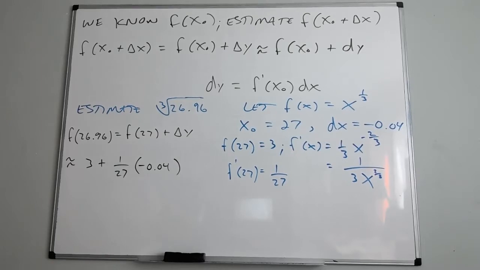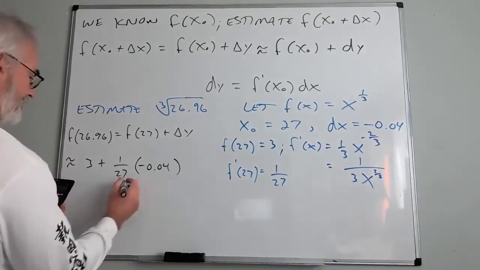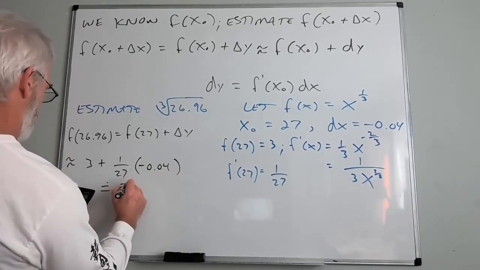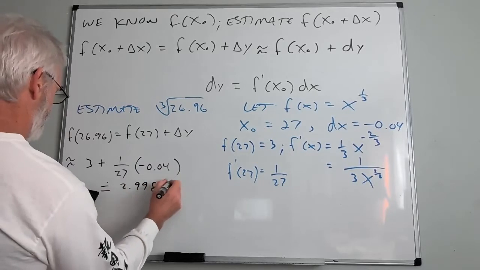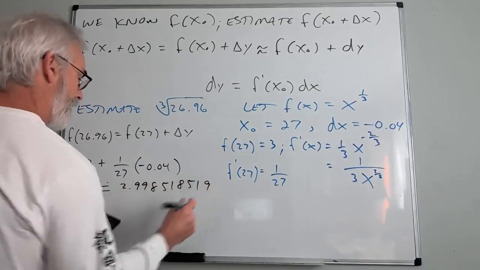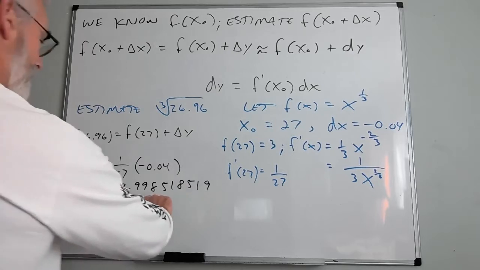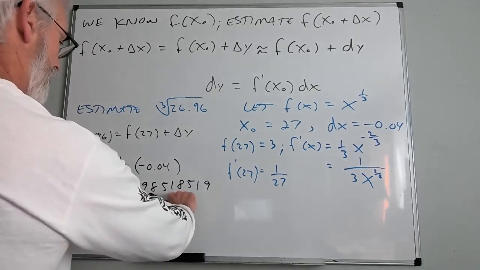So my calculator says, and I'm going to write a lot of decimals. My calculator says this is approximately what? 2.998518519. There's going to be a repeating decimal sequence at some point. Looks like, yeah, 815 or 851.